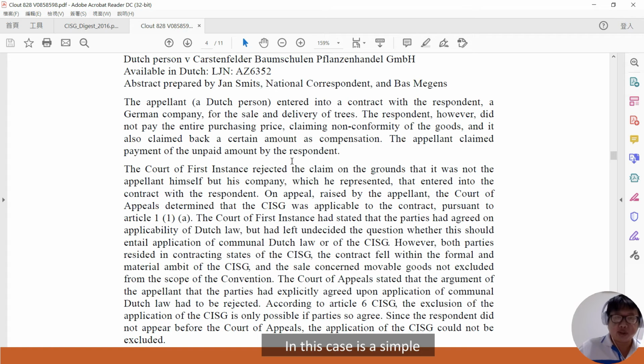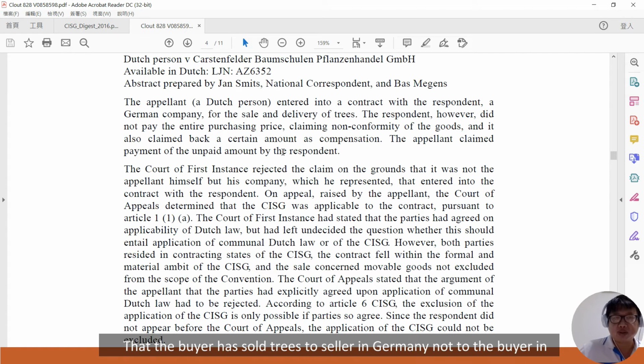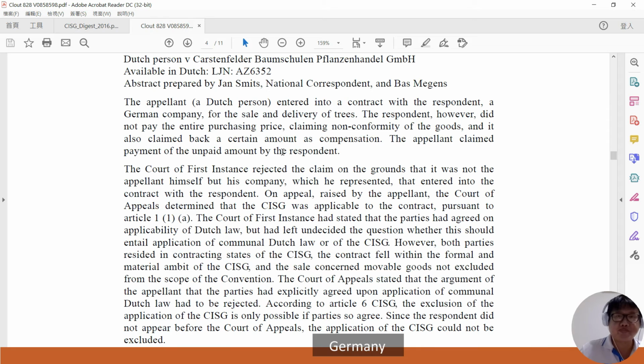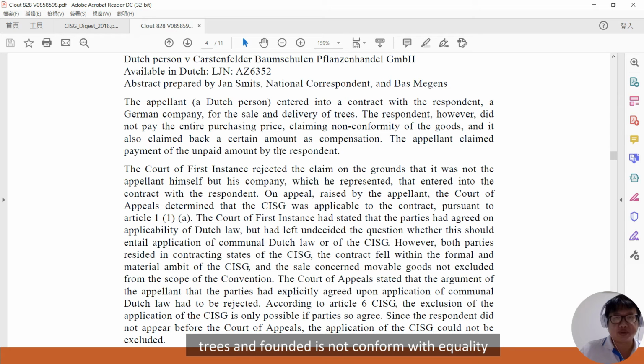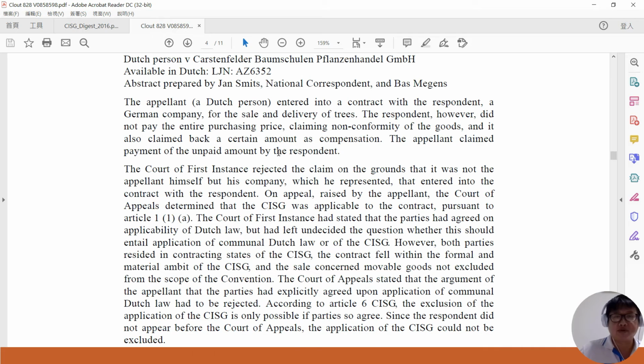In this case, the facts are simple. The seller sold trees to the buyer in Germany, and the German buyer received the trees and found they did not conform with the quality required by the contract.